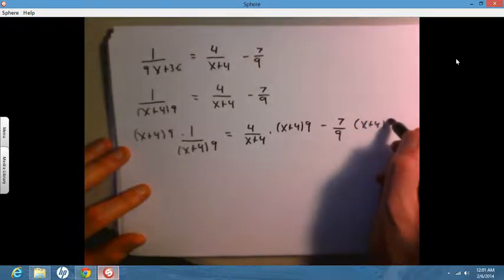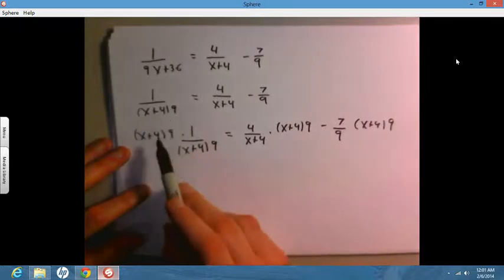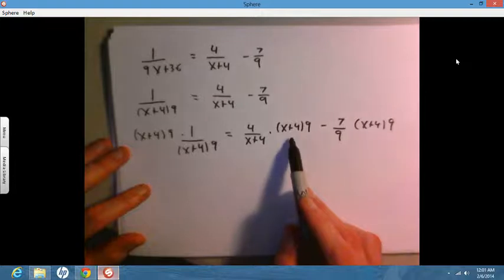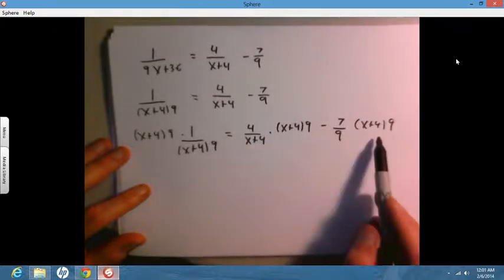Now notice I took this term, multiplied it by x plus 4 times 9, I took this term, multiplied it by x plus 4 times 9, and this term also multiplied by x plus 4 times 9.